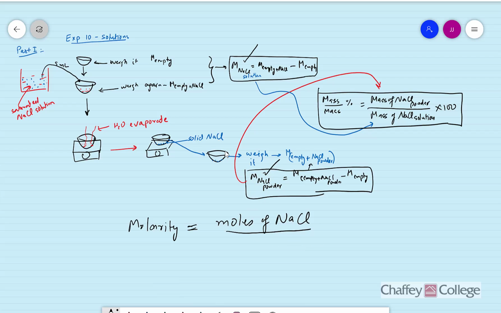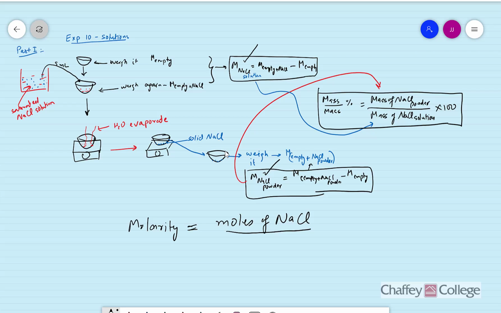And we know the volume because we took 5 ml. So convert this 5 ml into liters, and then use that volume here. Use the mass of NaCl powder, calculate moles from the mass, and then use the 5 ml volume.